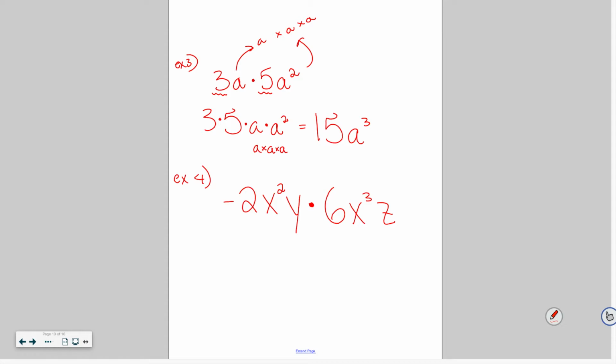Okay, you could put the big numbers in front first. Negative 2 times 6. Group your x's together in your head. So it's negative 2. Oh, good question. Can you do anything with them, really? No, but I don't know where to put it. Let's put them in alphabetical order. Is this correct?